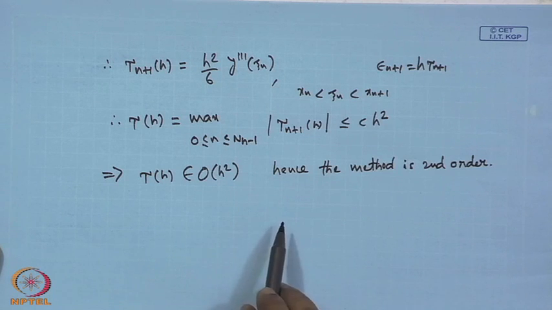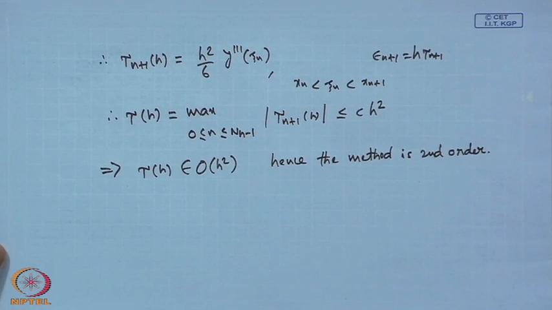Okay. So, this is one hand, because of the number of terms and how the error behaves, and when you consider 10 terms, 20 terms, that is nothing but it has a direct implication on the order of the method.